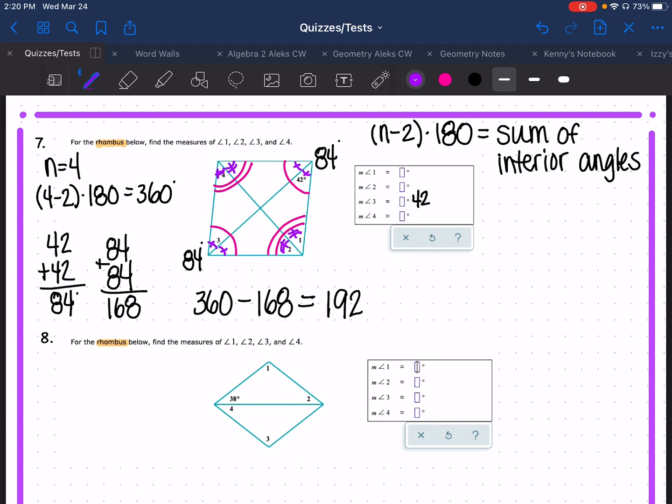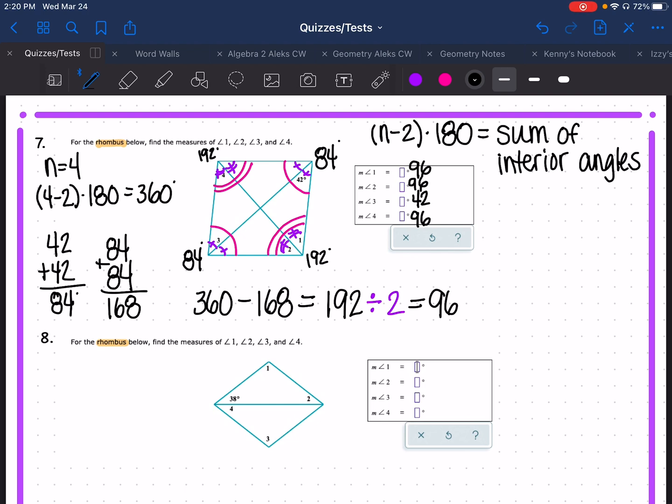And you're going to divide that by 2 because remember the diagonal is bisecting it. And that gives me 96 degrees. So this whole angle is 192. This whole angle is 192. But each piece is 96 degrees. So 96, 96, 96, because 1, 2, and 4 are all equal.